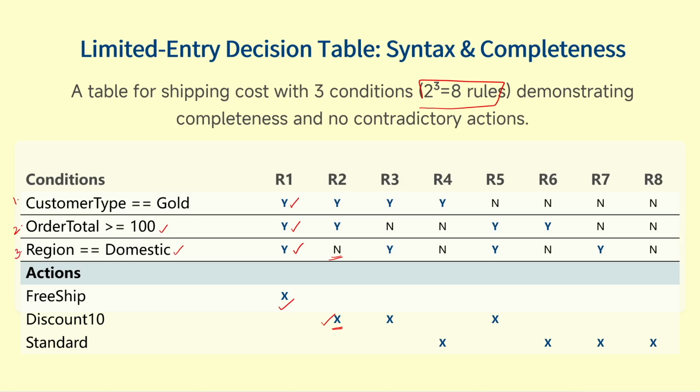Say for example, with respect to R6, R7 and R8, there is Y with respect to order total greater than 100 and region equal to domestic, but the rest is N, which will say it has a standard delivery. Okay, so these are some examples of how we can create a decision table. So, decision table is fine.